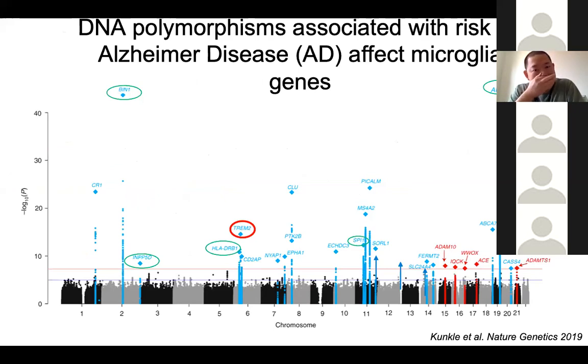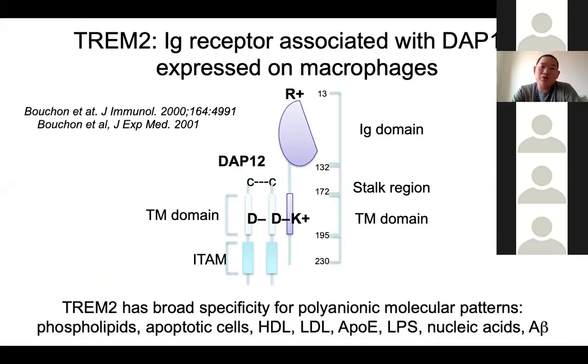Most notably, TREM2, among other genes such as ApoE and BIN1, was identified as a high-risk gene for acceleration of AD pathology processes. TREM2 is an immunoreceptor with an extracellular Ig-like domain, a stalk region, a transmembrane region, and a short cytoplasmic tail.